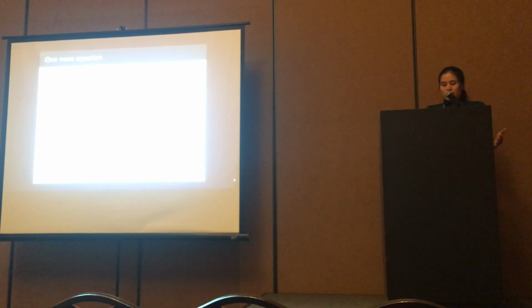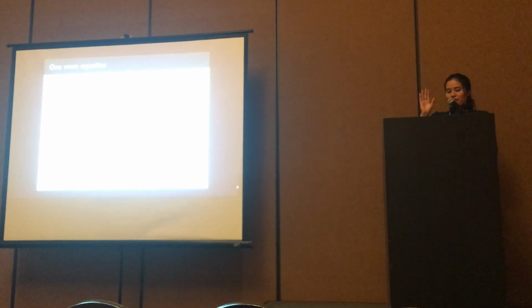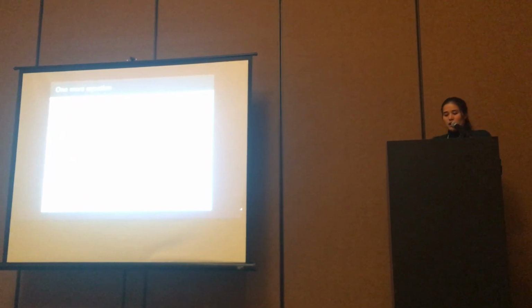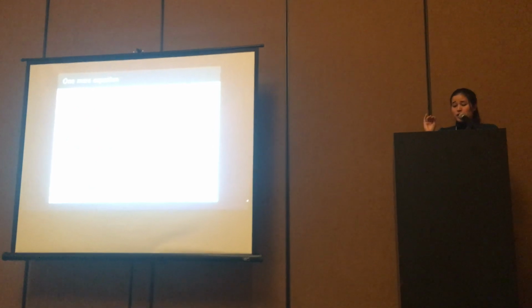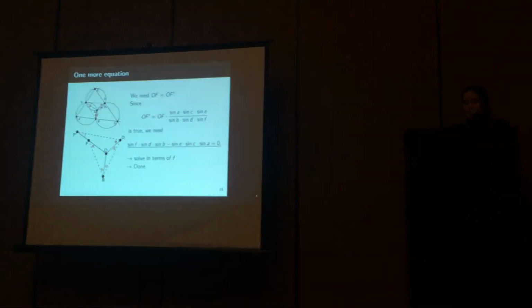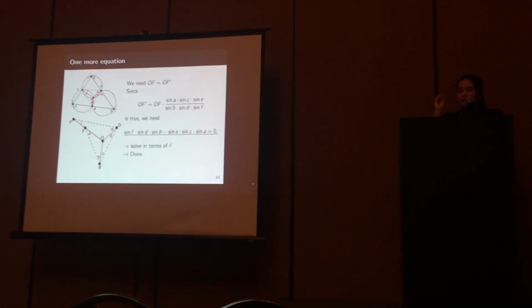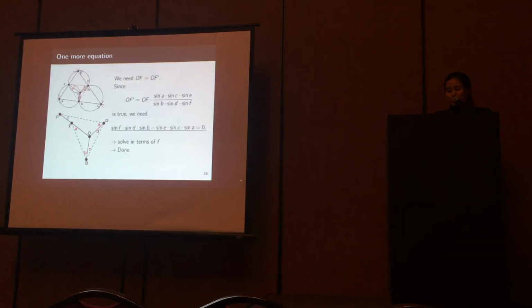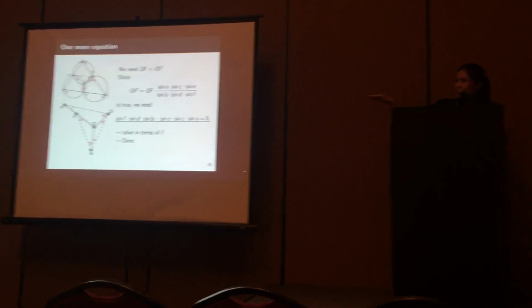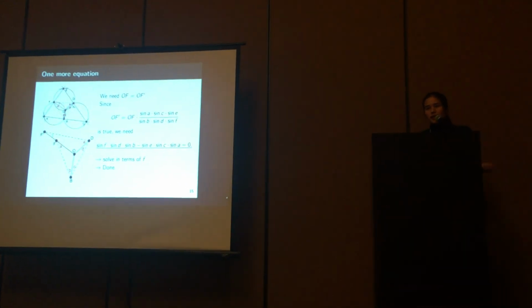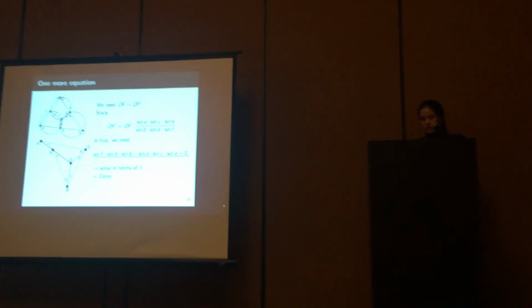Looking at the image on the upper left and considering a relationship between OF prime and OF, the equation on the third line is a relationship we know between those edges. Since we want OF equals OF prime, the equation you see with the underline was the last restriction we needed to determine f. As we solve this equation in terms of f, we get a unique value and we're good.